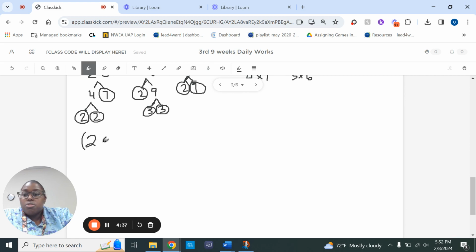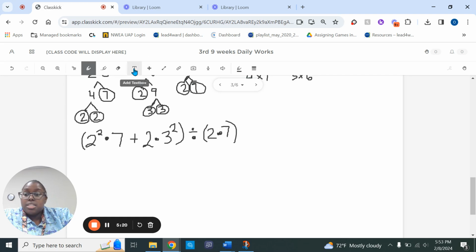You write the smallest prime factor first. I had 2 of these, so that's 2 squared times 7. That's my 28, plus 18, which is 2 times 3 squared. So I've got that part, divided by 2 times 7. So that is our answer.